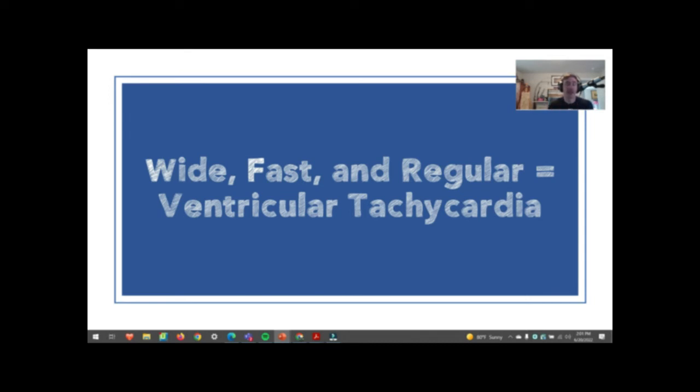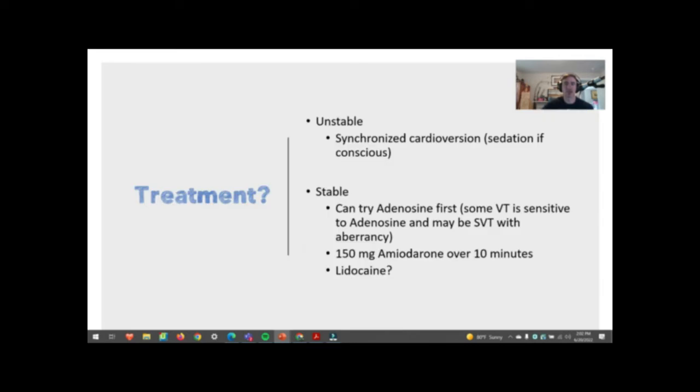So if they have SVT with aberrant conduction, Cardizem will also work. A lot of people make this mistake, and they're wrong, and it's actually VTach. And what do you get when you mix Cardizem with ventricular tachycardia? Well, you can get ventricular fibrillation. So that's why the safest thing is to just treat it as if it's ventricular tachycardia.